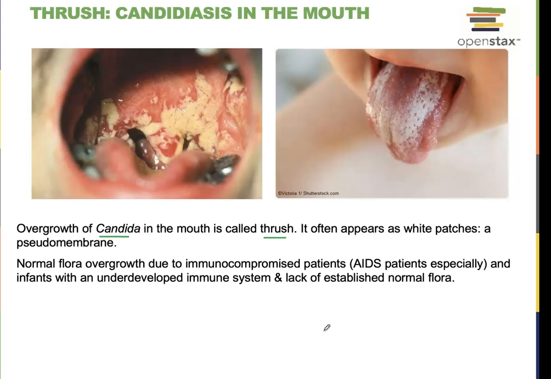This condition, thrush, is not something you see in healthy adults. It's something you see in immunocompromised patients, especially AIDS patients, those with a decimated immune system. Infants commonly have thrush because they have an underdeveloped immune system, and they don't have their normal flora established yet, which helps a lot by balancing the microbes in the mouth.